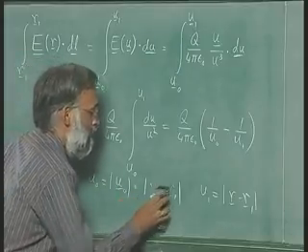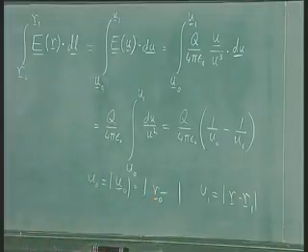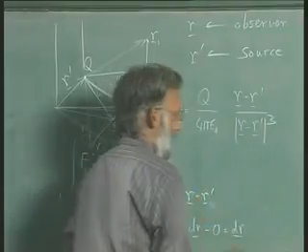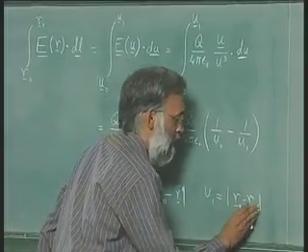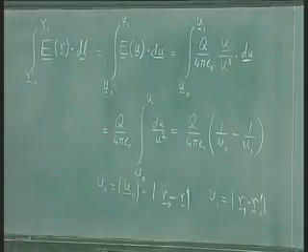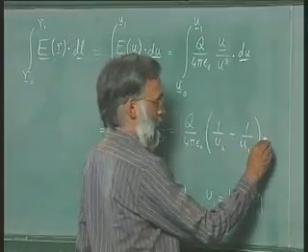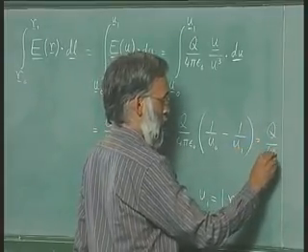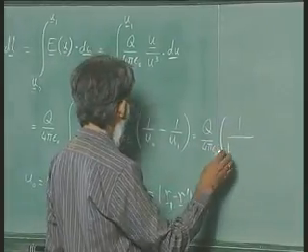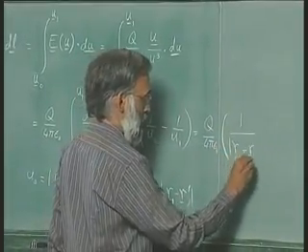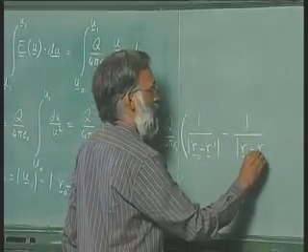It is equal to r naught minus r prime, and u1 is r1 minus r prime. So, I substitute these in here, and what I get is q over 4 pi epsilon naught 1 over magnitude r naught minus r prime minus 1 over magnitude r1 minus r prime.